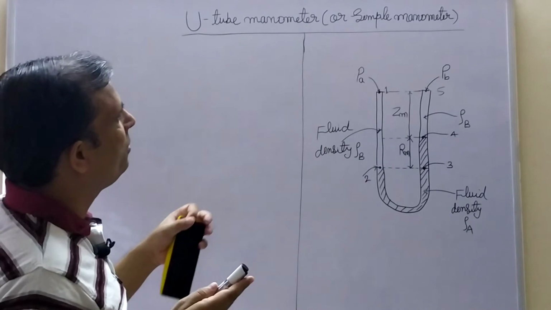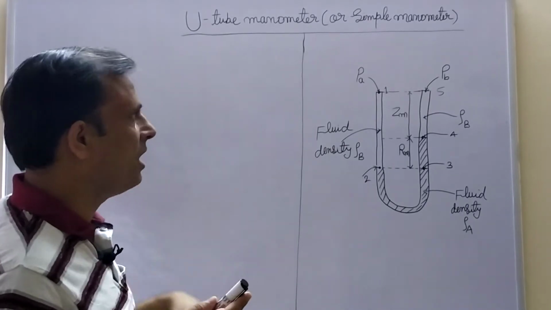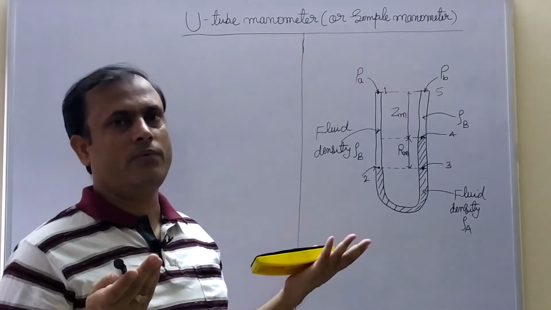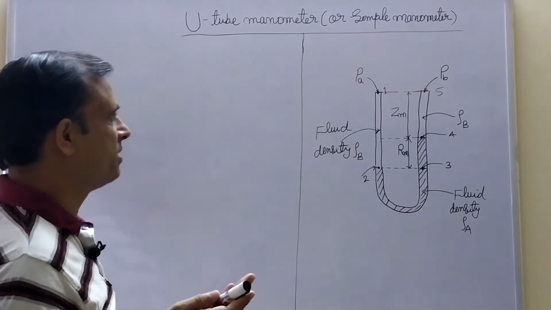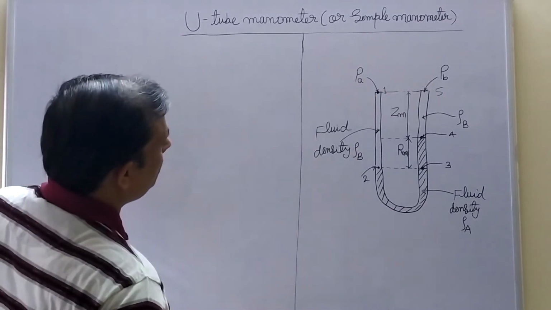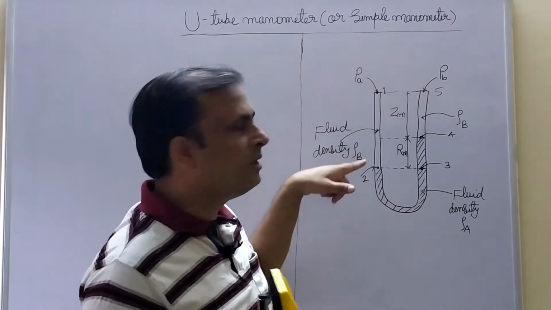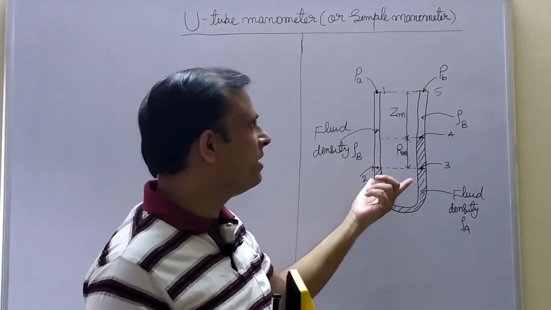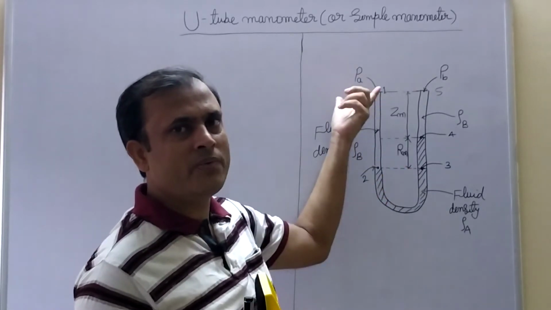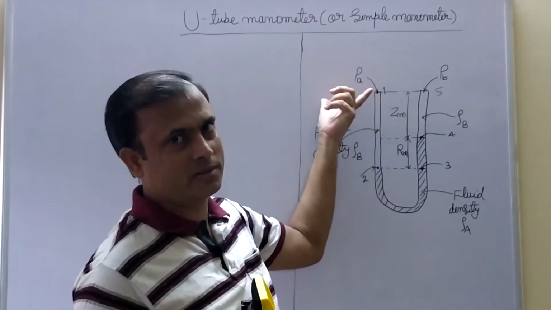So we are going to discuss in detail how to balance a pressure, force, etc., especially pressure. So this is the first point. Consider that this manometer is attached with a pipe where we are going to measure a pressure difference.